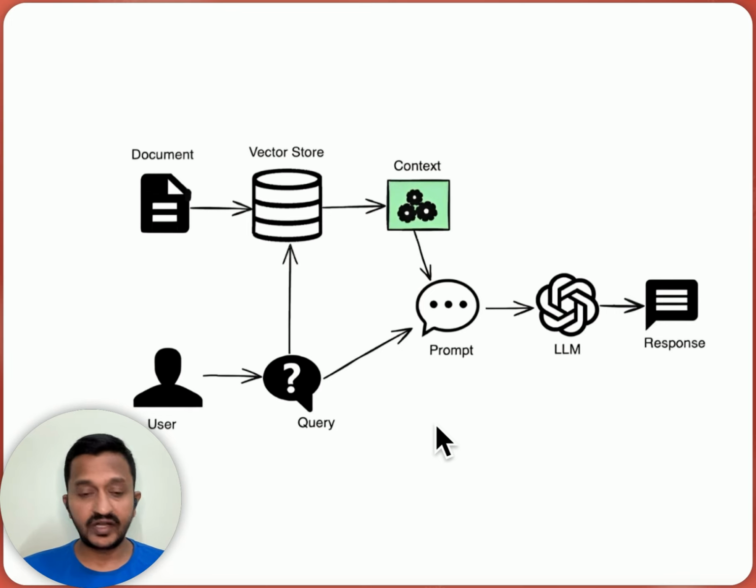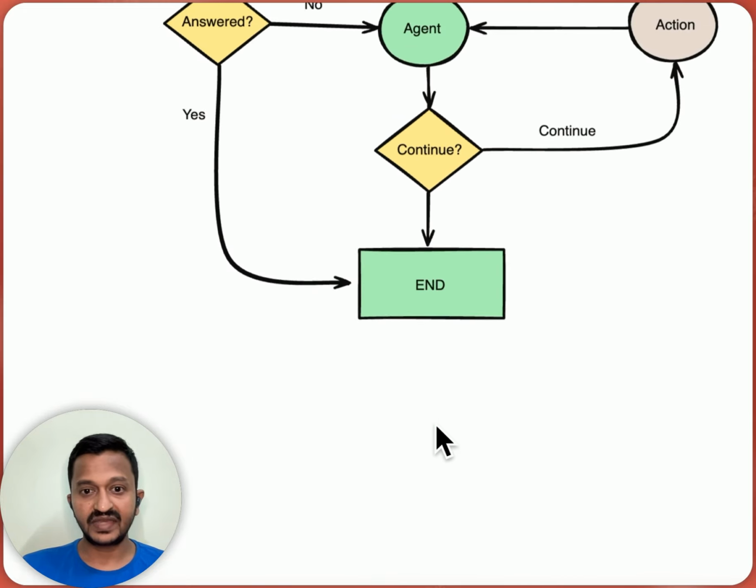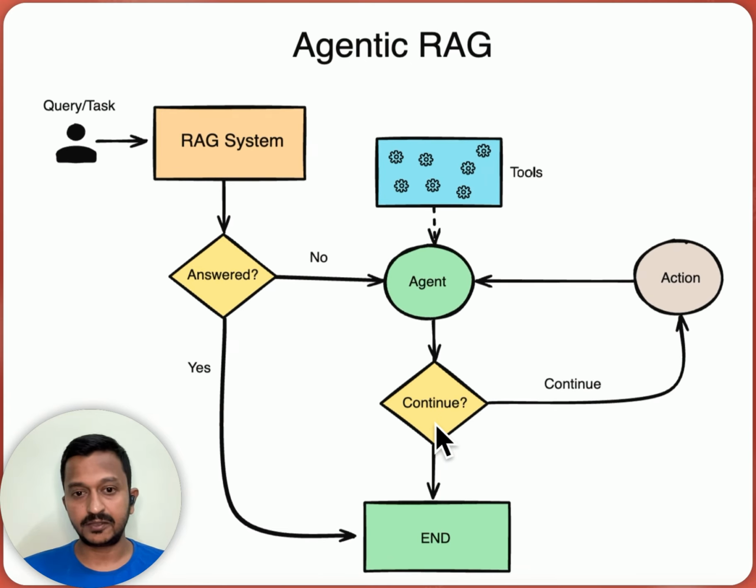But what if the user query or the task is really complicated, where you want to call different tools and do a lot more stuff? That is where the naive or traditional RAG system approach fails, and that is where the agentic RAG helps you by integrating agents, and that's how agentic RAG works.